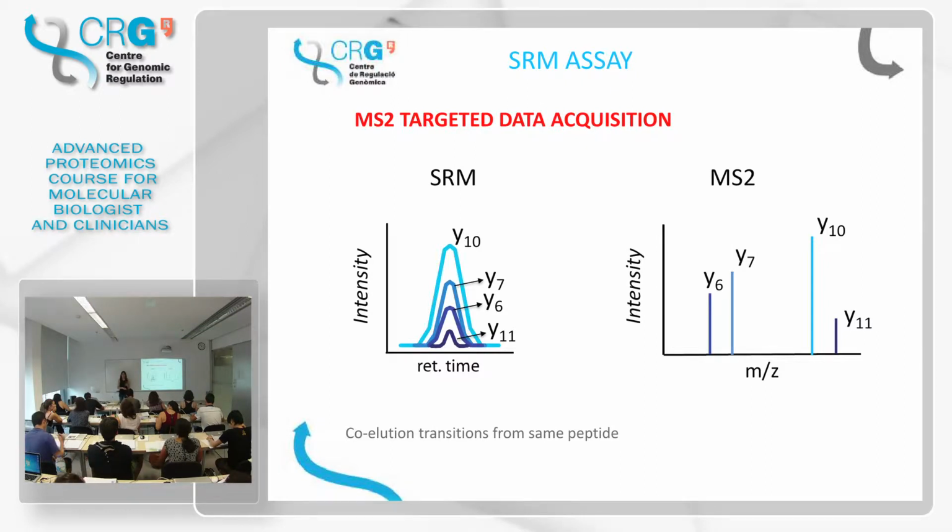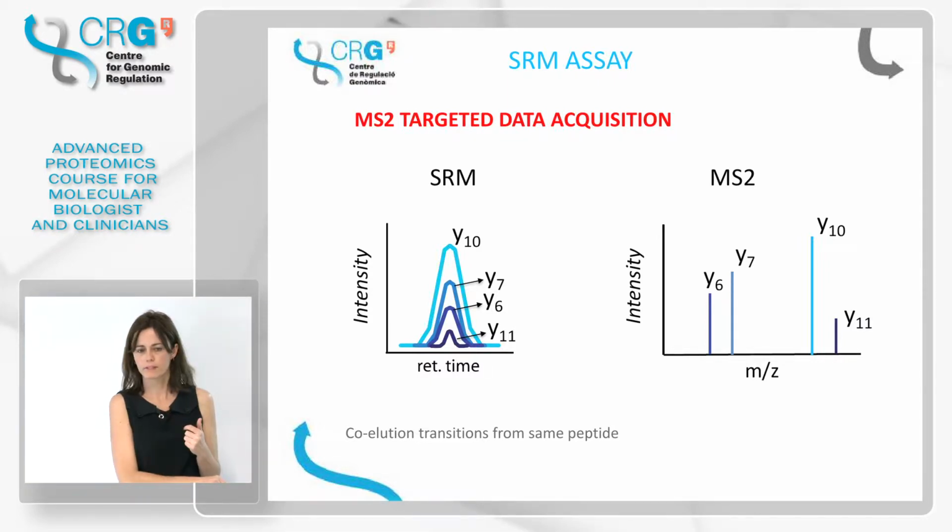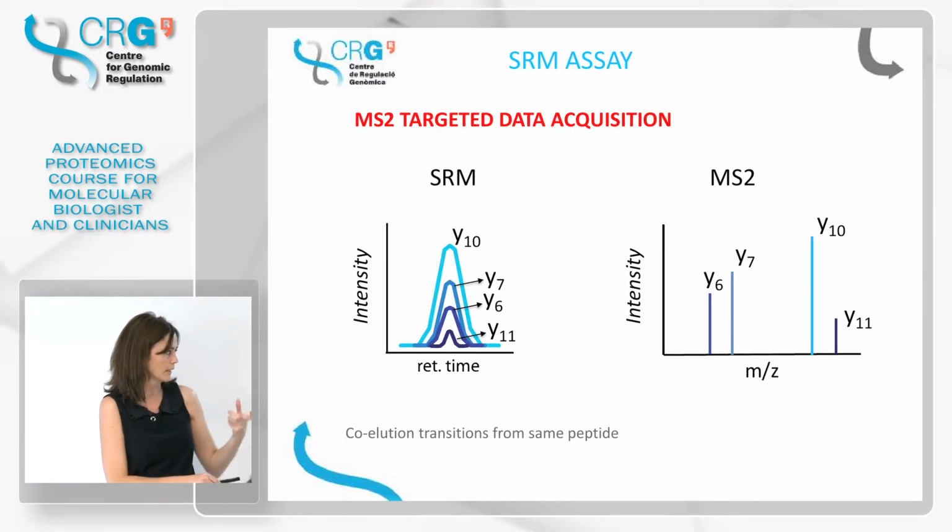So what you have seen until now, when we are talking about spectra or an MS2 spectra, is this. This is an MS2 spectra. You have Y ions, sometimes you also have B ions, whatever, in which you have intensity and mass to charge. And in this case, we have a Y series, the 11, 10, 7, and 6.